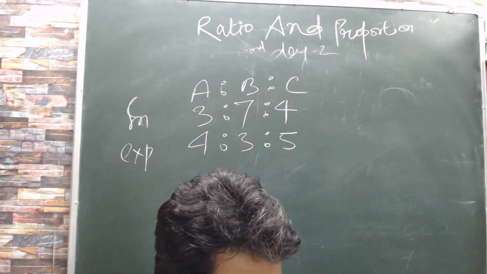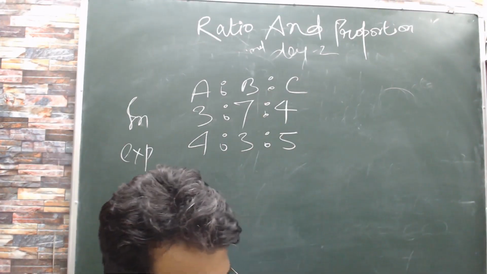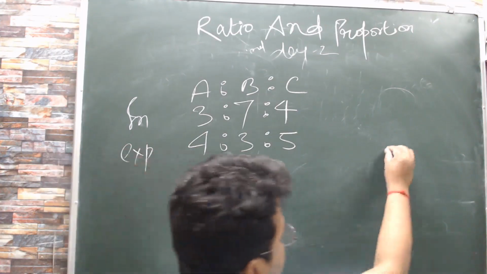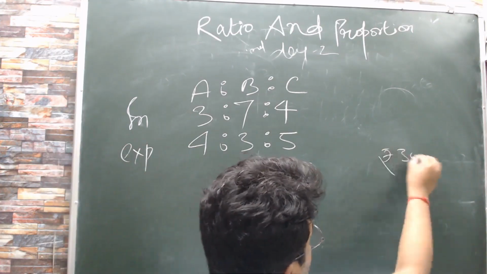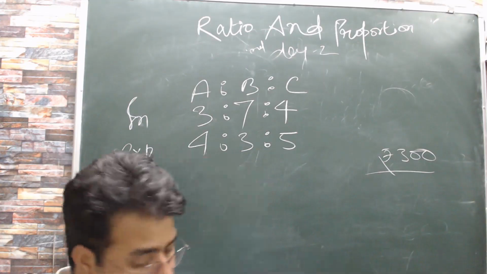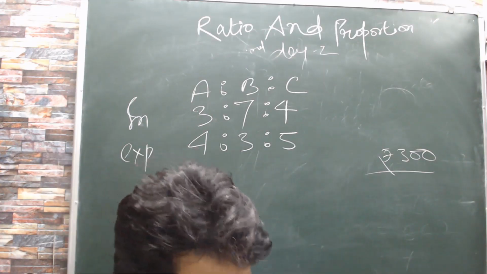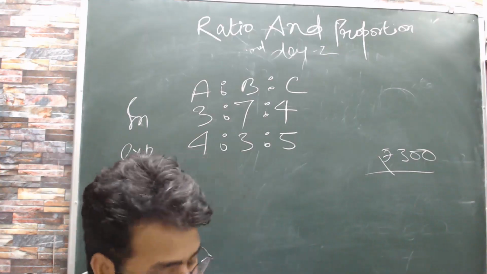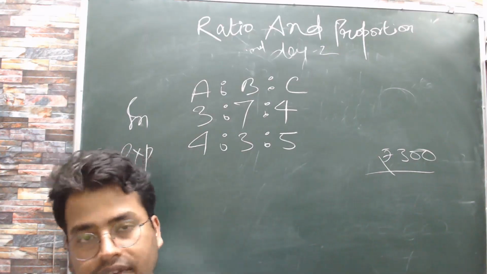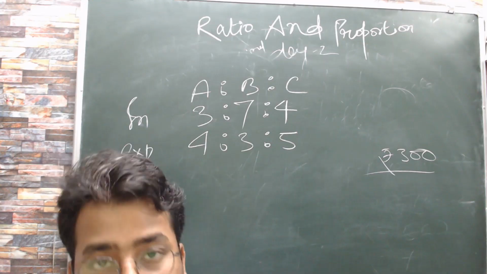Right? Full stop. Then write, if A saves rupees 300 out of his monthly income 2400, then find the savings of B and C.